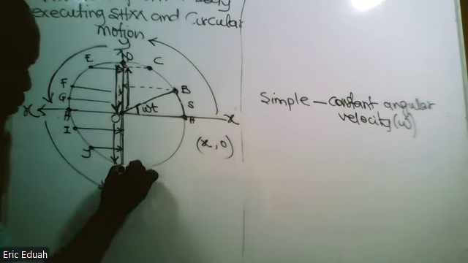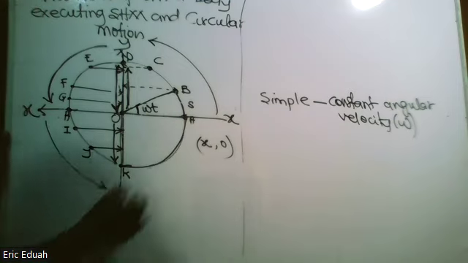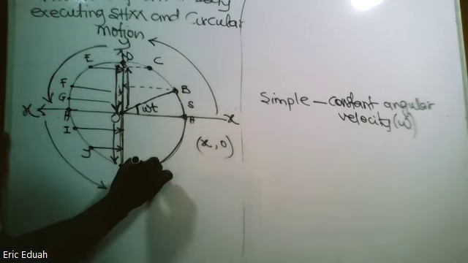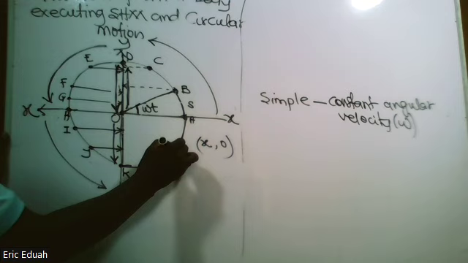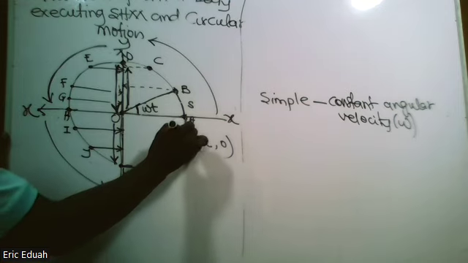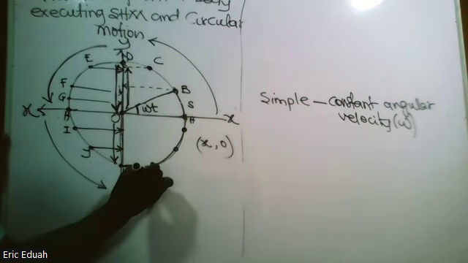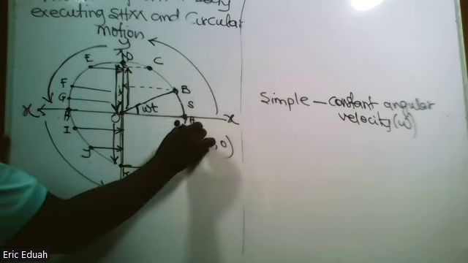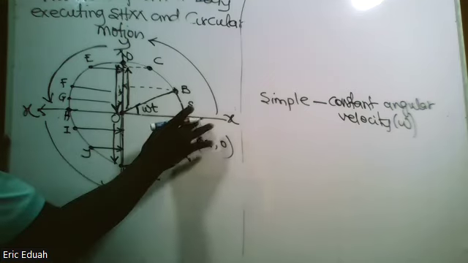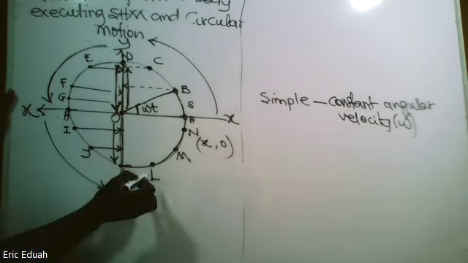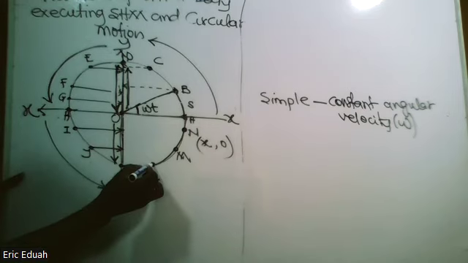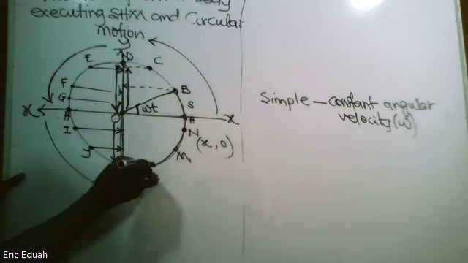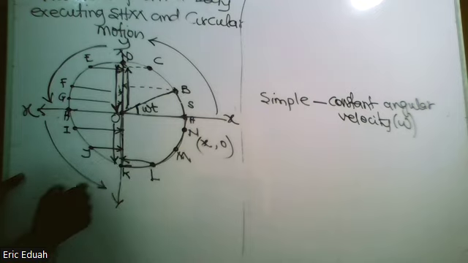Okay, let's complete the revolution. So K, L, M, N, then back to A. At L, if we trace the image, we'll look at it here.